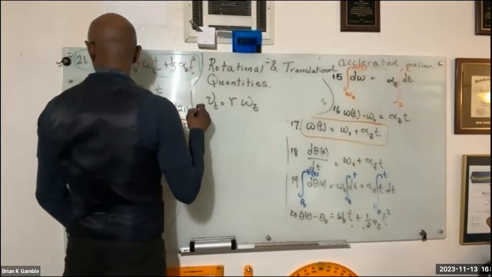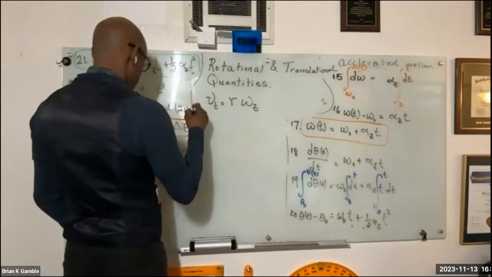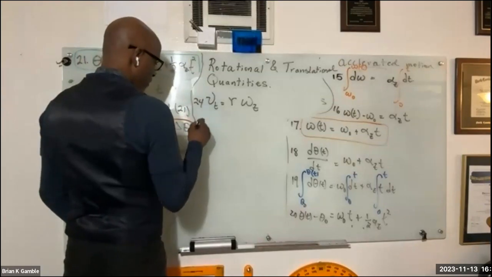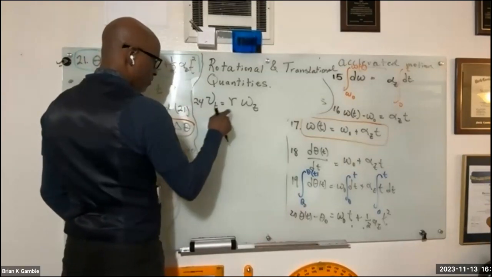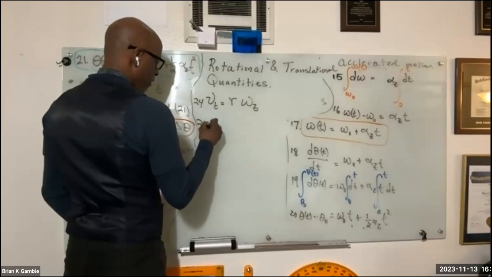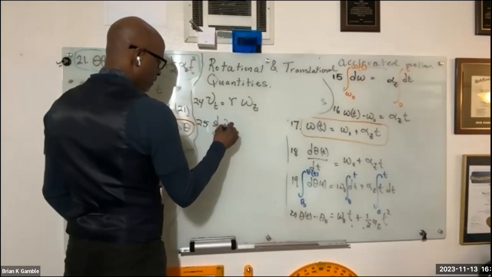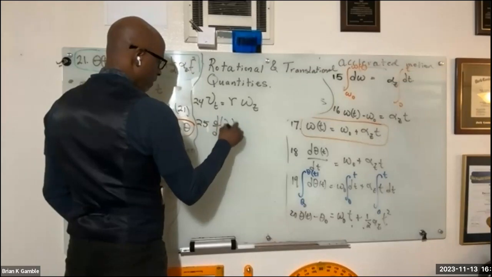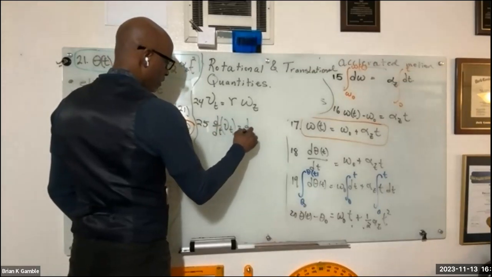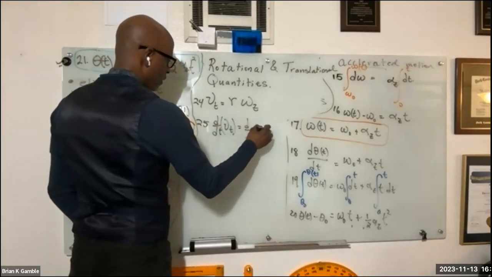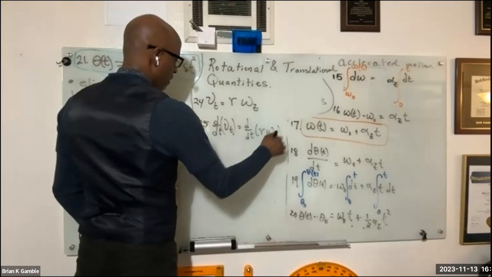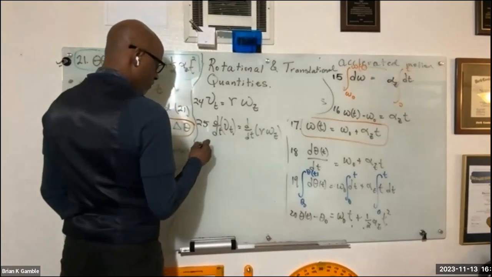Well, why don't I just do it? So, equation 24. Taking the derivative of this, d/dt of v(t) equals d/dt of the quantity r omega_z. But that's the product rule, right?